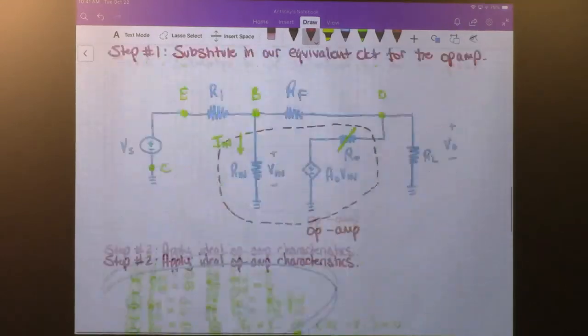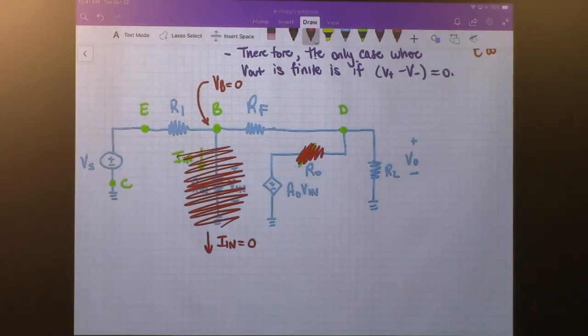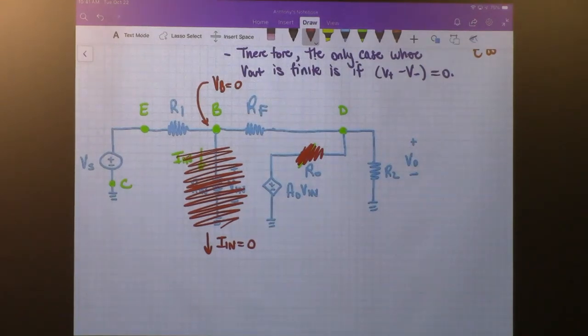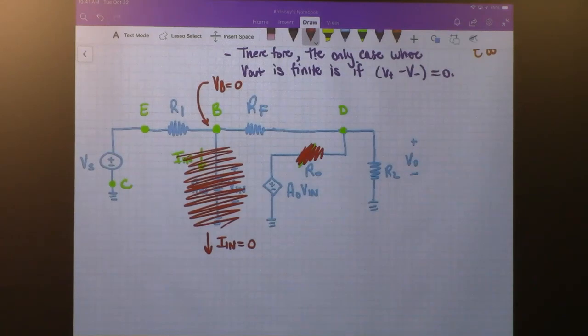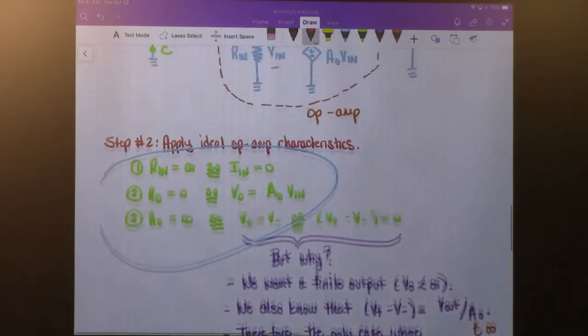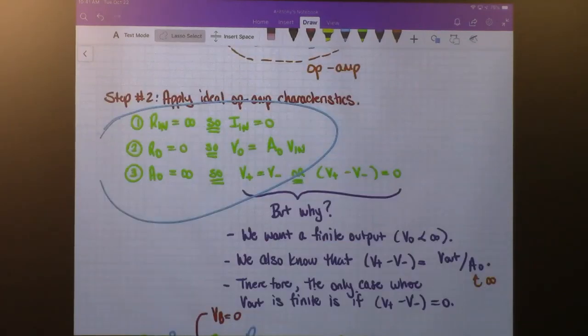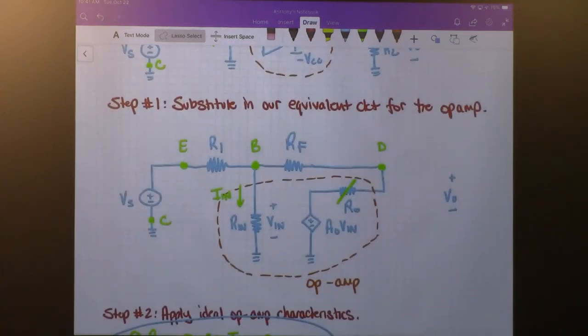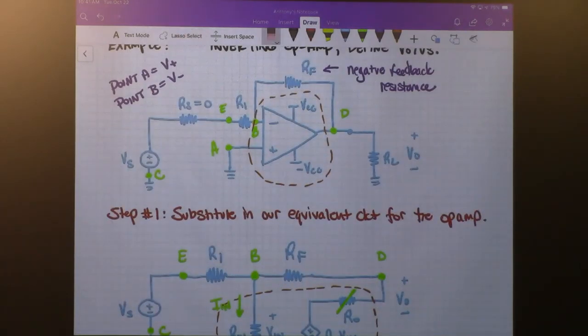And so this is what our revised circuit looks like. Okay? And you know what? In the example that I'm doing, we don't have a load, so I want to stick to the way that we were doing it. The load's not going to make the problem that much more difficult, but I don't want to throw in unnecessary complications.